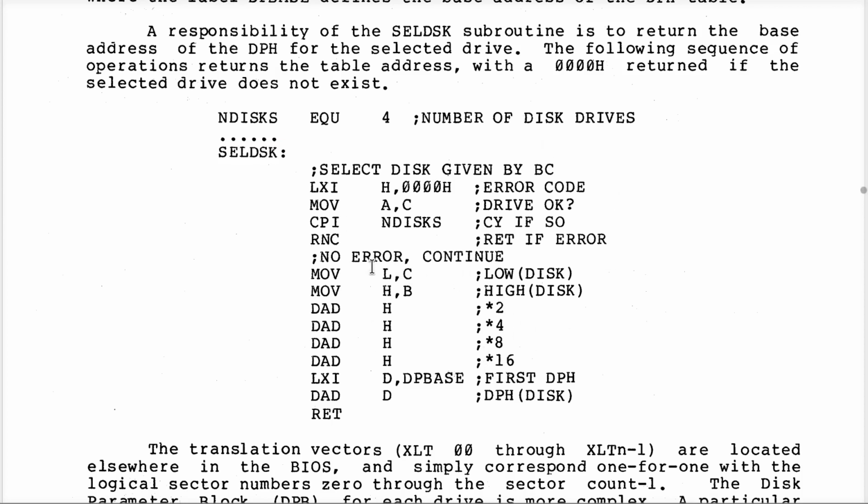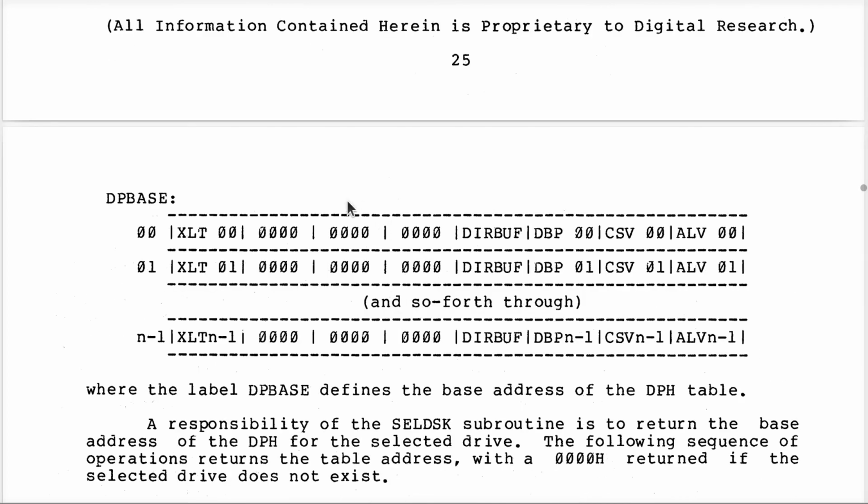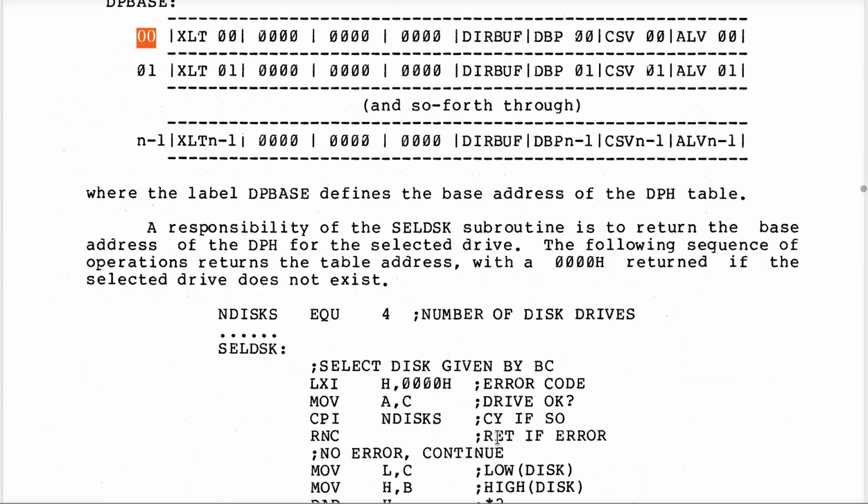All right, this down here is the math of it saying if I have a table of these things and I select drive B, I need to return the address of this second entry in this table full of DPHs. So if I know the address of the first one and I want to select drive B, which is drive number 1, I have to add 16 times this number to the address that represents where this whole table of DPHs is, okay? So that's what this code does down here.